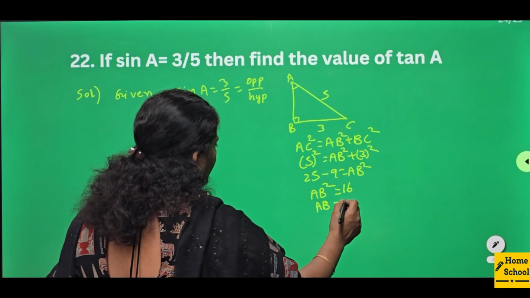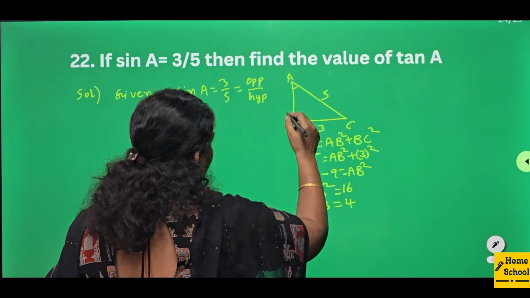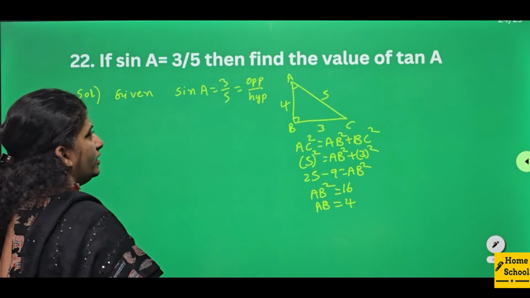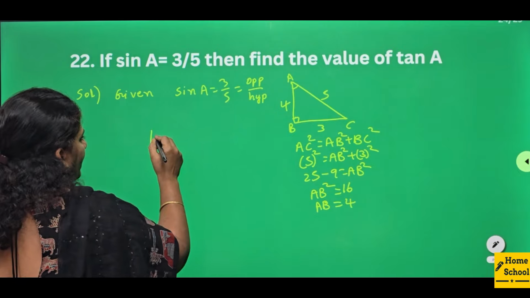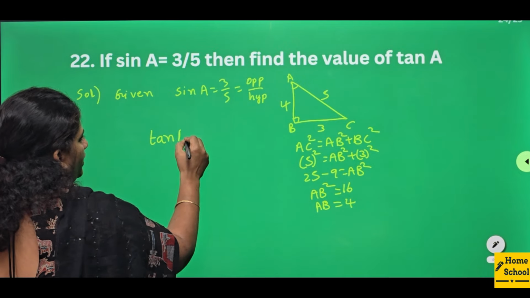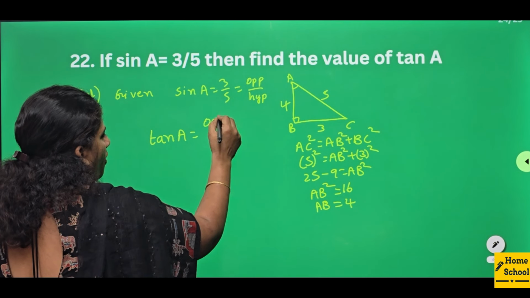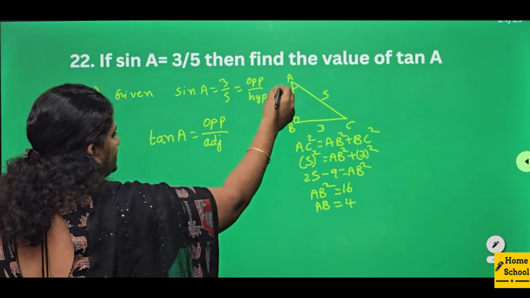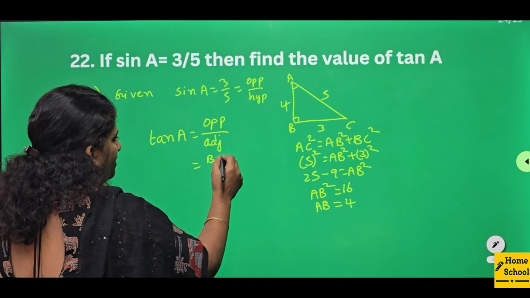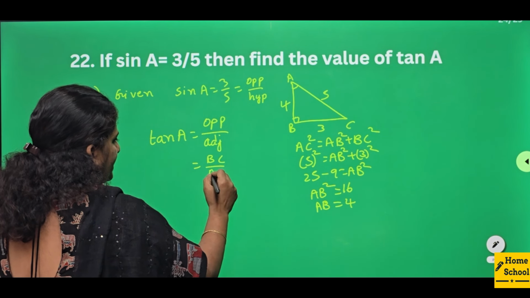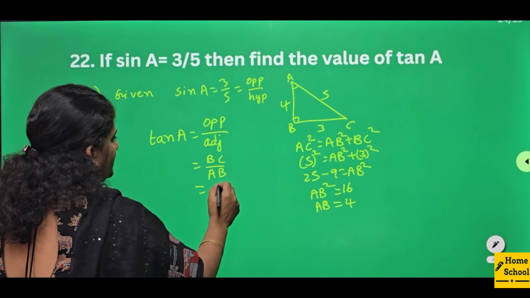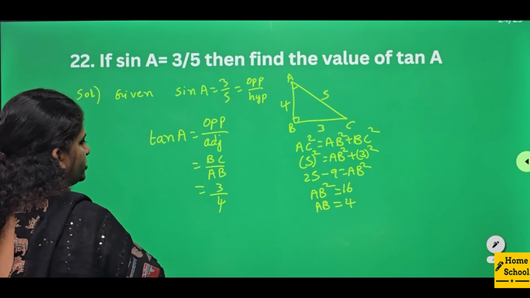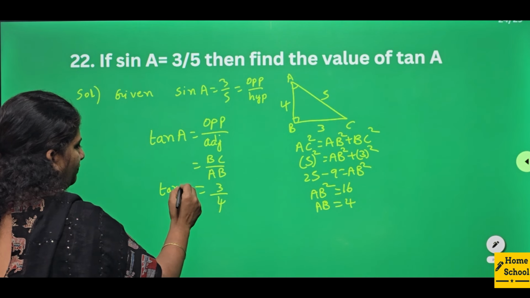AB is equal to the square root of 16, that is 4. Take 4 here. Therefore, find the value of tan A. We know tan A is nothing but opposite by adjacent. The opposite side of A is BC. The adjacent side of A is AB. Therefore, BC by AB, 3 by 4, is your tan A value.